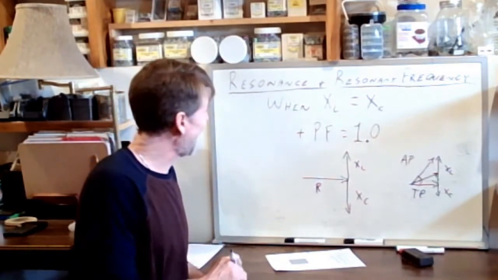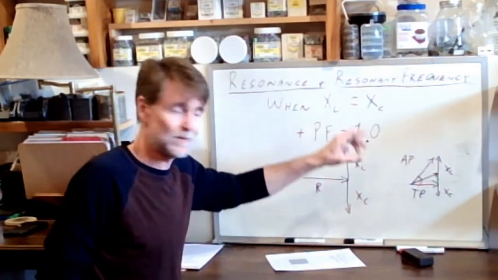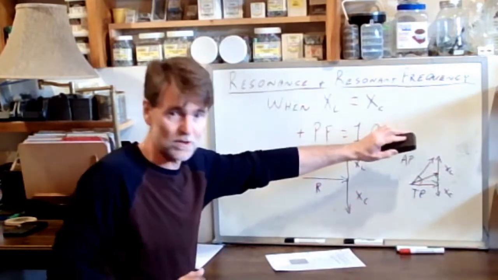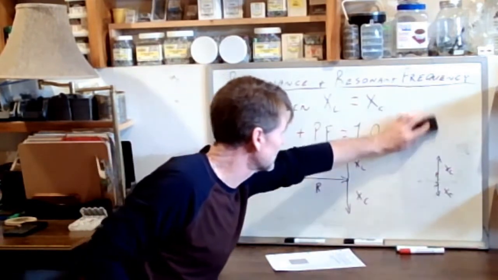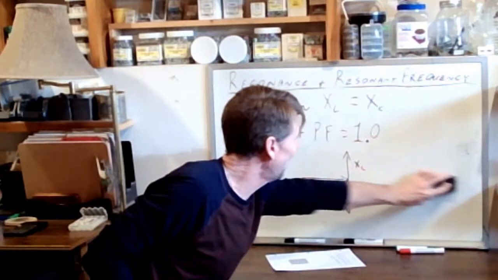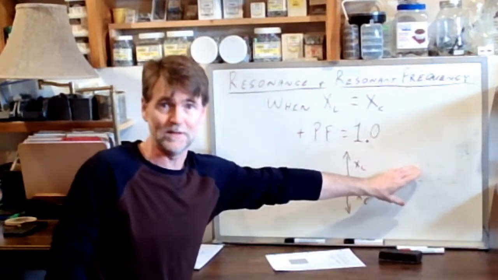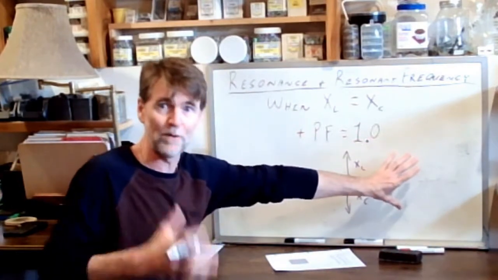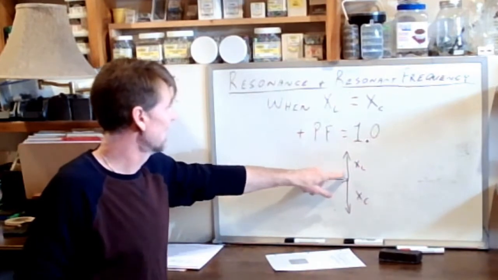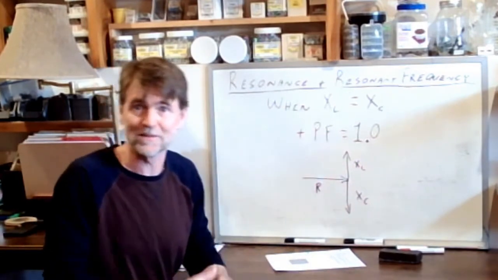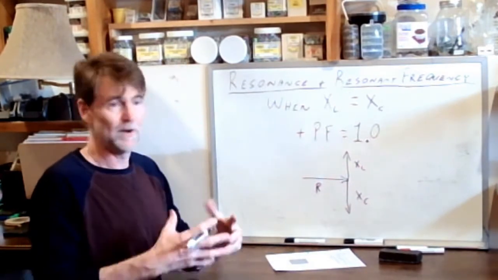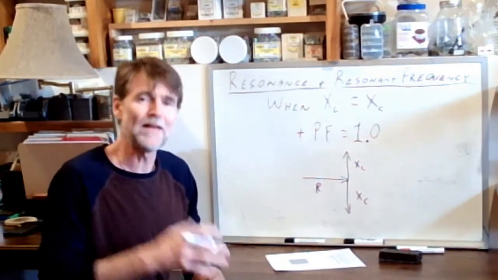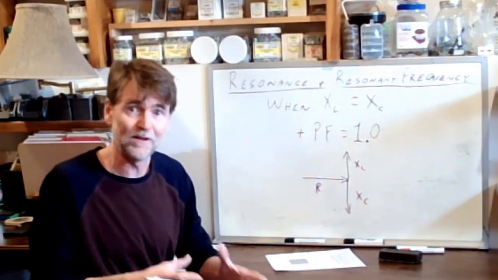But I want to finish the thought about resonant frequency before we move on to the additional conversation about pros and cons of resonance. There are two different ways that our circuit can become resonant. One is what I was just suggesting: we have an inductive circuit, a circuit that has a motor connected to it, an RL circuit, and then we add a capacitor to it, and it becomes an RLC circuit.